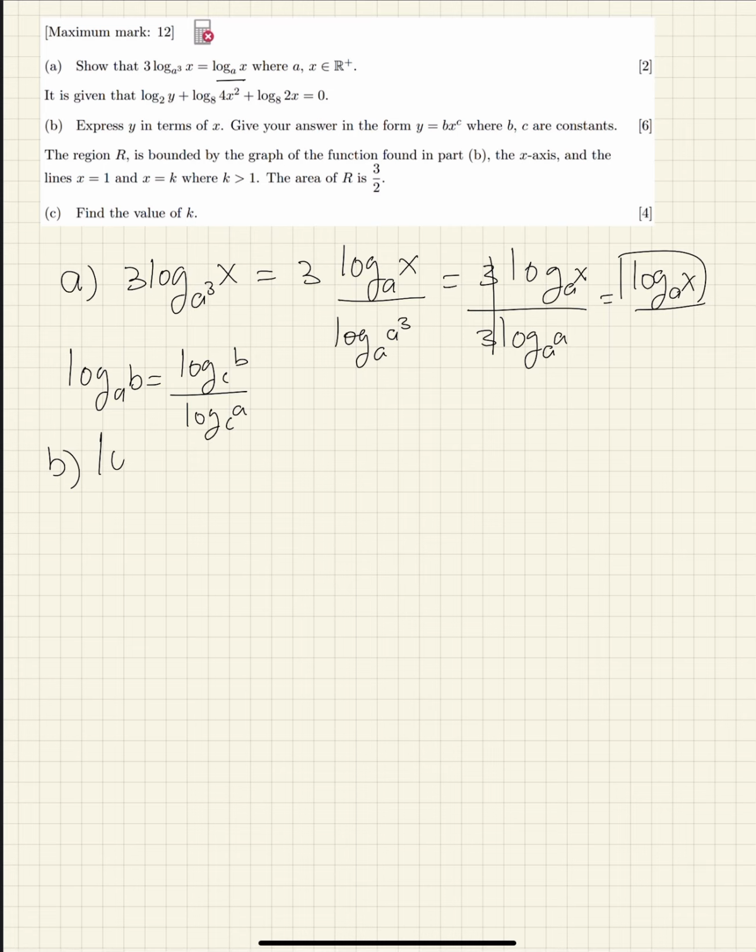Well, we've got log base 2 of y. And now by log properties, with the same base, we can multiply 4x squared by 2x. Log base 2 of y plus log base 8 of 8x cubed equals 0.